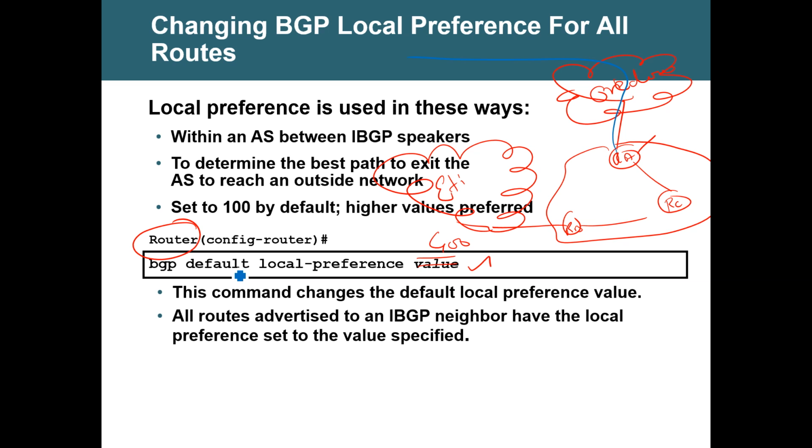Now, is this granular? Is this precise for a particular destination? No. For any destination on the internet, A will be the exit. Any destination. You may be going to YouTube, you may be going to your office web server, wherever, router A will be the exit.